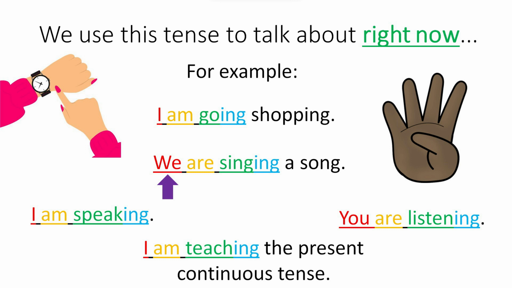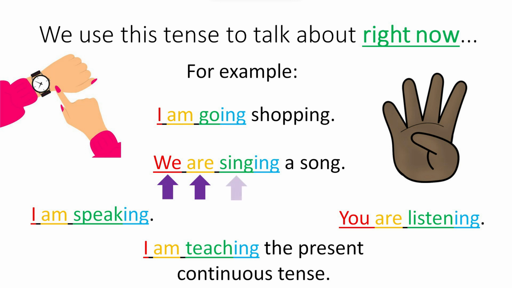It could even be he, she, it, they, or someone's name. Then we need the verb to be, which is in orange. Here it is are, but depending on the subject, it could also be am or is.